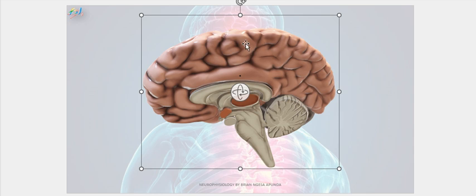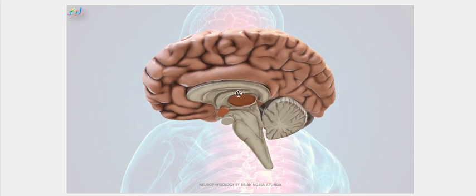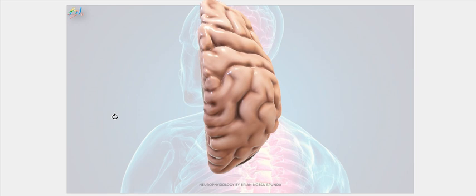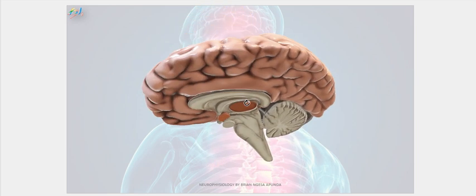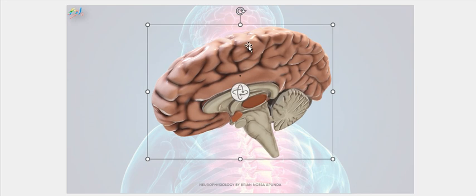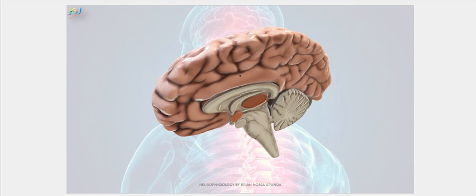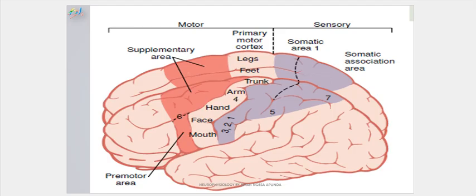So this represents the supplementary area. Of course, if you have a lateral view, this will be greatly occluded, but if you advance medially, you should be able to see the supplementary area. So that is our supplementary area. So those are the three areas of the cortex.